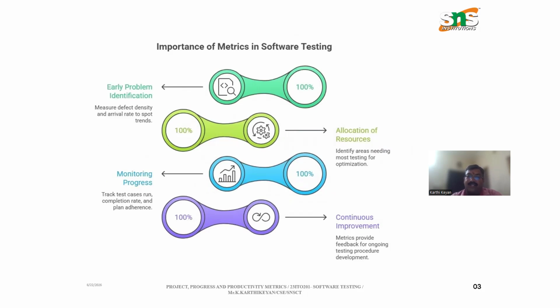Second, allocation of resources: identify the areas needing the most testing for optimization. Third, monitoring progress: track test case run, completion rate, and plan adherence. And fourth, continuous improvement: metrics provide feedback on the ongoing testing procedure and development.